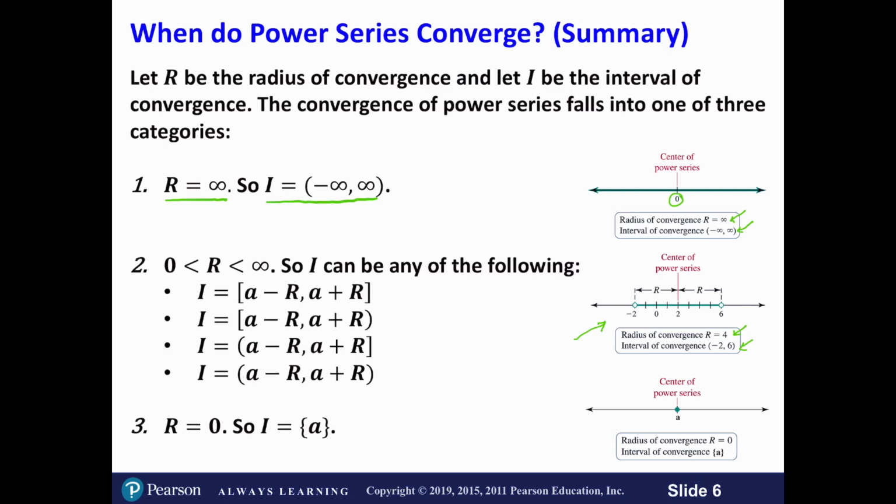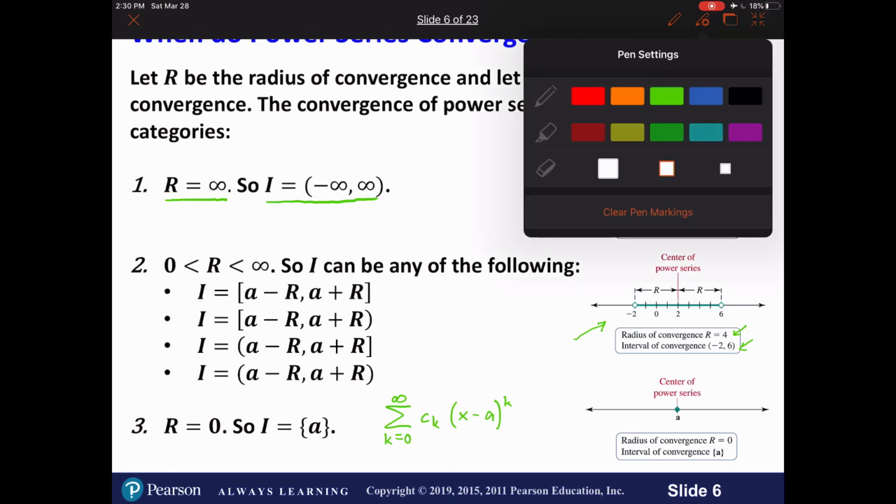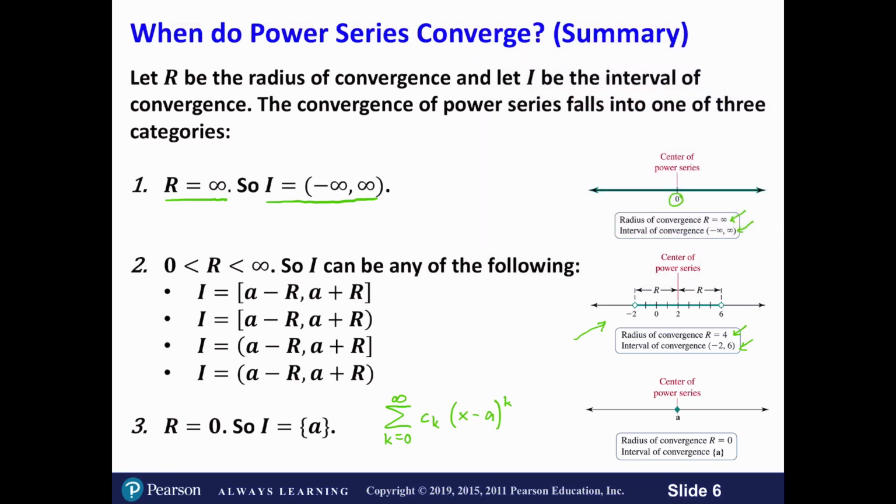So if we had this power series of x minus a to the k, what we are essentially saying is that the only time when this yields a finite number is when x is equal to a. That is case number 3.